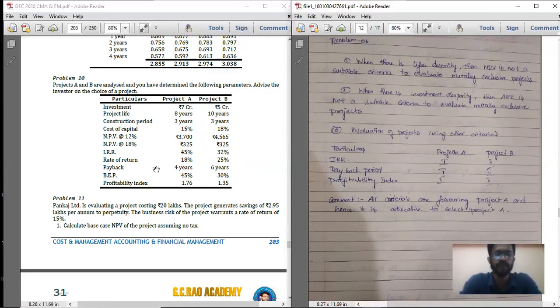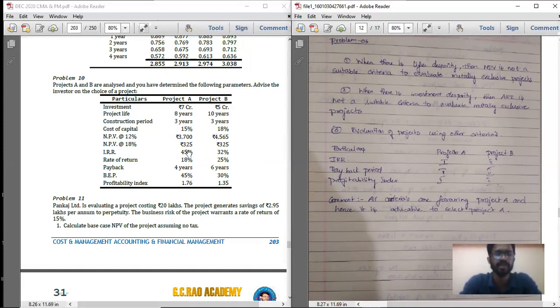So we can give relevant comments on this data by saying investment is 7 crore and 5 crore. So basically there are two different investments. So NPV we should not take into consideration. That is, when there are two different investments and project life is different in years, they are mutually exclusive projects. So NPV cannot be used as a criterion to select the project. Next is the cost of capital, 15% and 18%, and IRR 45%.